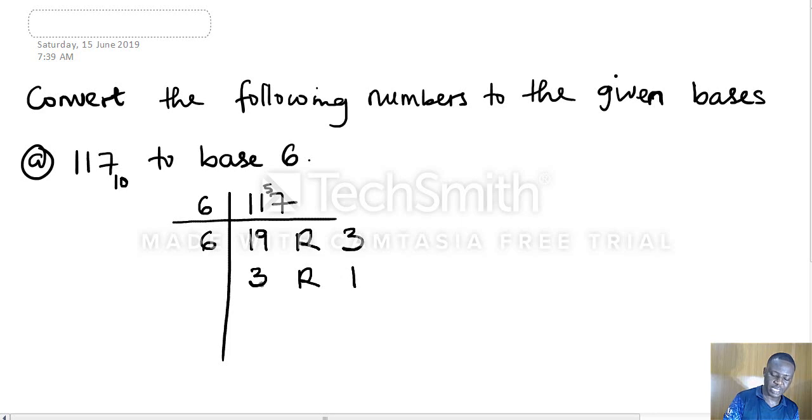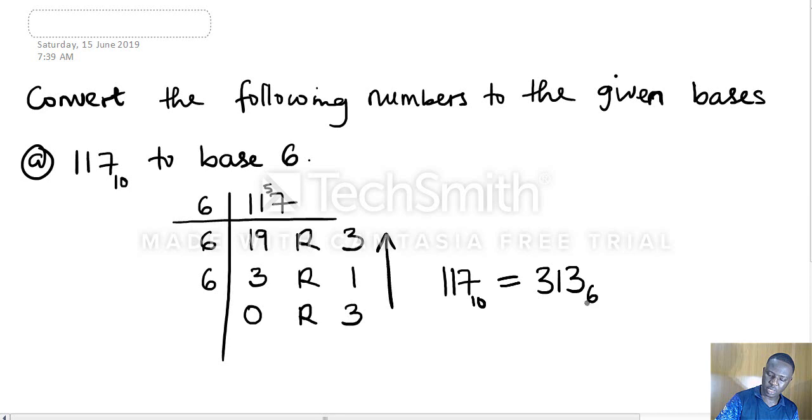For 6 times 3 is 18. 19 minus 18 is 1. 6 into 3, it cannot. So this becomes 0, remainder 3. So that 117 base 10 is equivalent to 313 base 6.